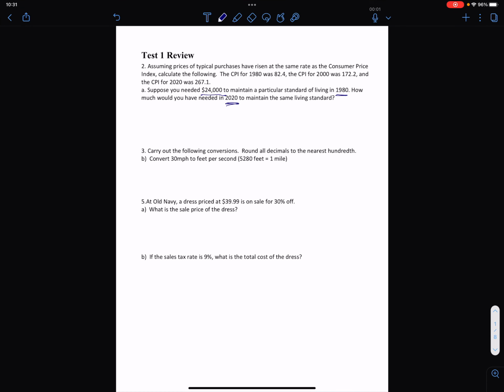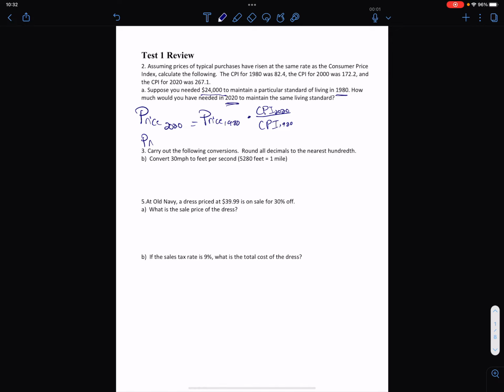So let's do that. We're going to have the price in 2020, which is what we don't know, equals the price in 1980, which is what we do know, times the CPI of 2020 in the top, and the CPI of 1980 in the bottom.